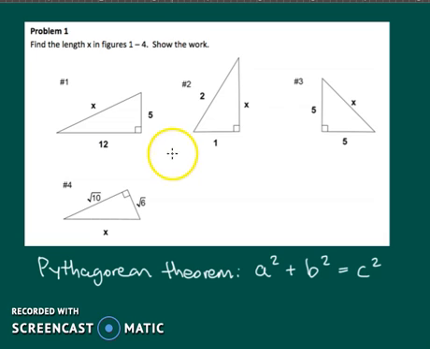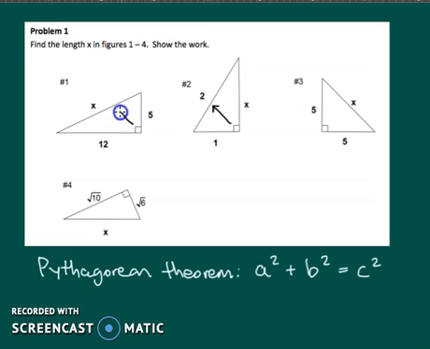So the first thing that we have to think about is that we have to identify the hypotenuse. And if you remember, the hypotenuse is the longest line of the triangle, and it always lives opposite to the right angle. So for example, here we have the right angle, and there's the hypotenuse.